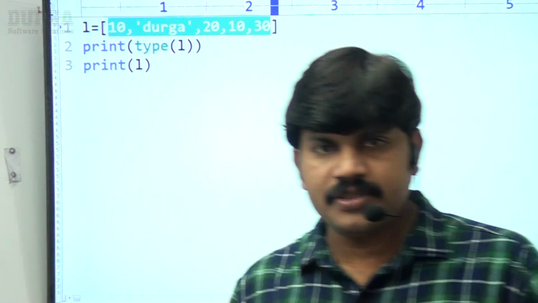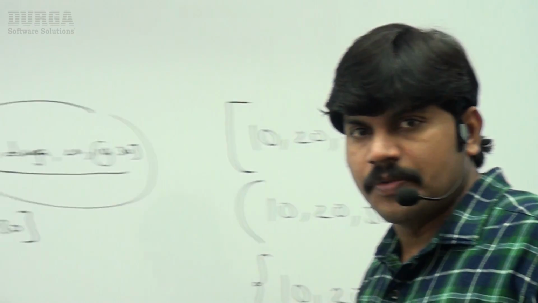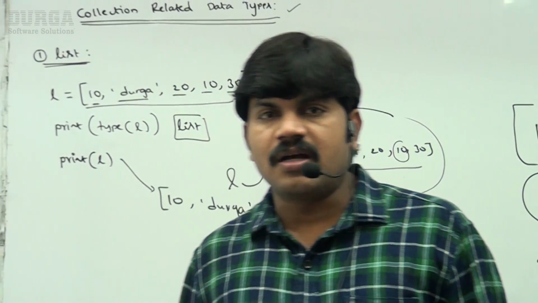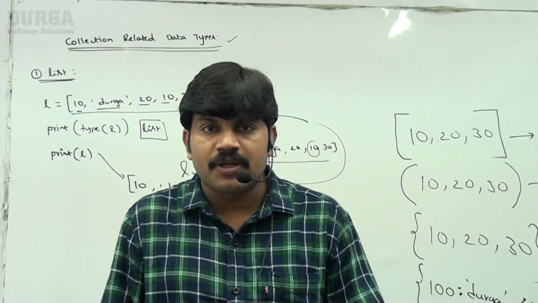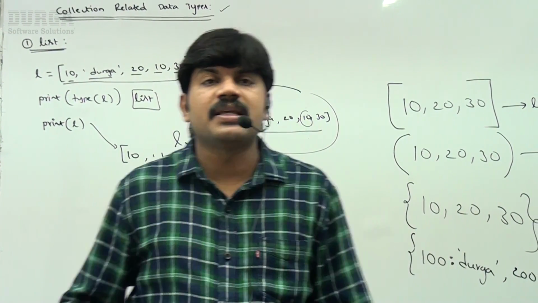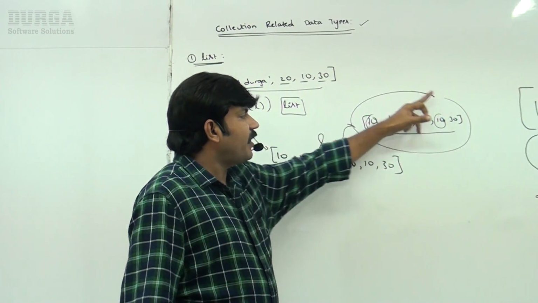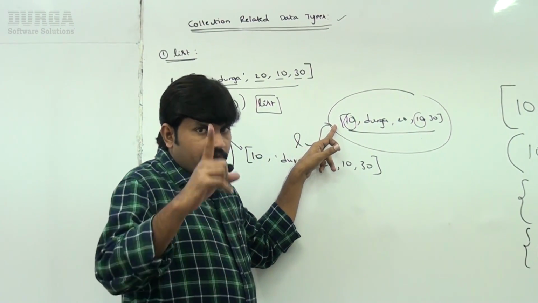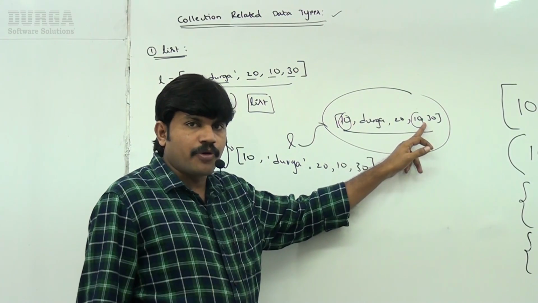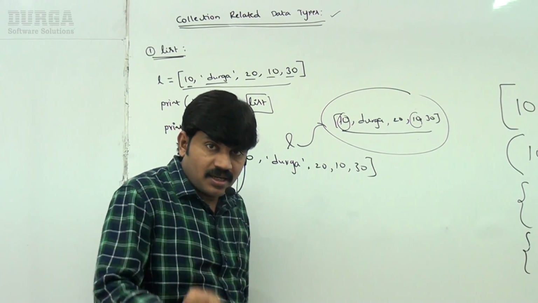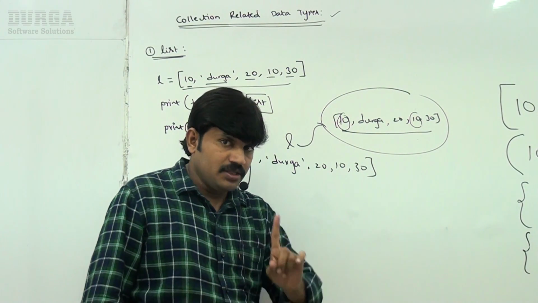So friends, the terminology is very clear for you. So when should we go for the list concept? If you want to represent a group of values as a single entity, where order is important and duplicate objects are allowed, then we have to go forward with the list concept, right?